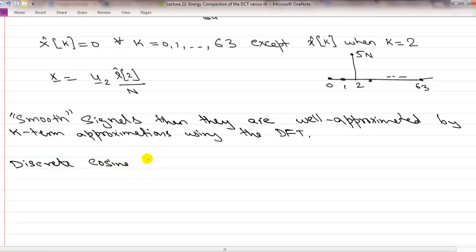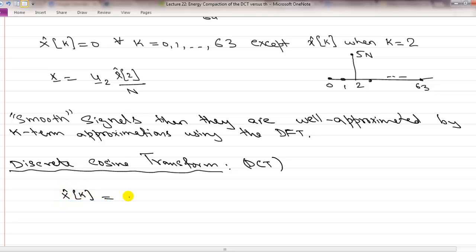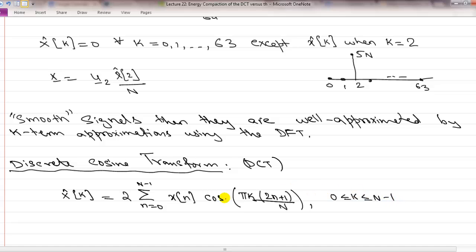The discrete cosine transform, which is again an orthogonal transform. If you are given a sequence x of n, it's given by x hat of k equal to 2 times the summation of n equal to 0 to N minus 1 of x of n cosine of pi k times 2n plus 1 over 2 capital N, for 0 less than or equal to k less than or equal to N minus 1.